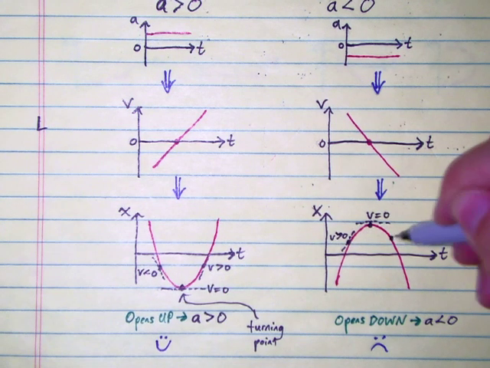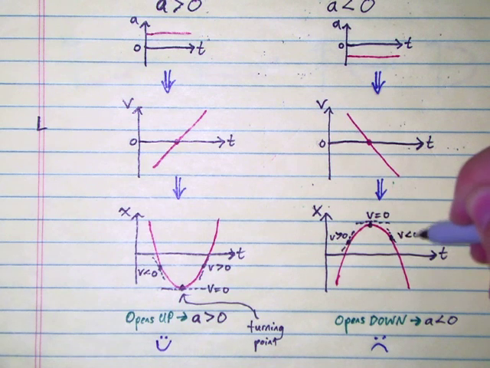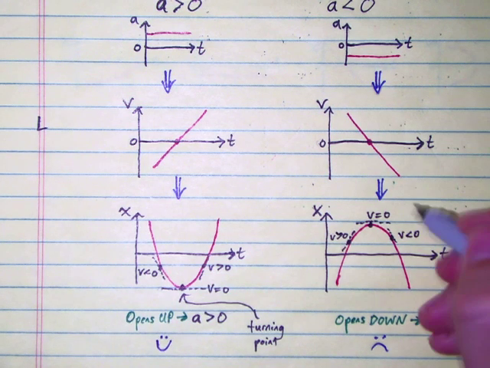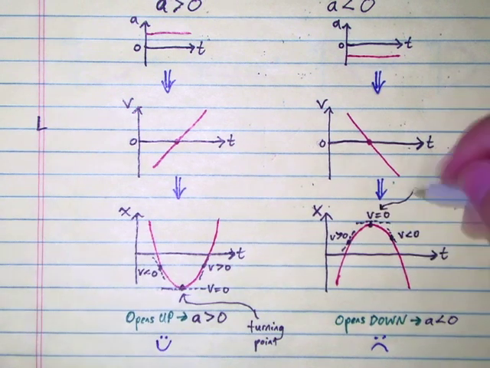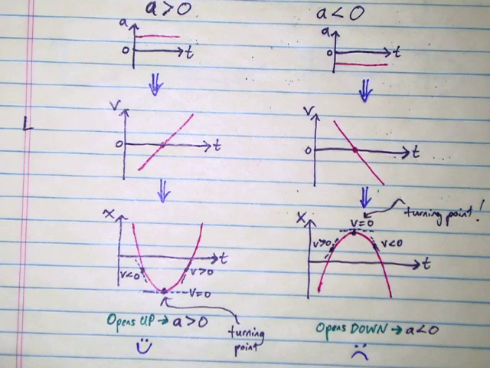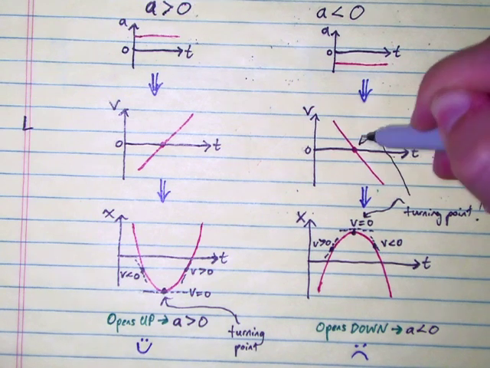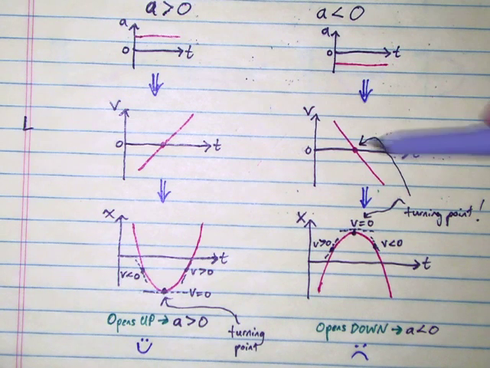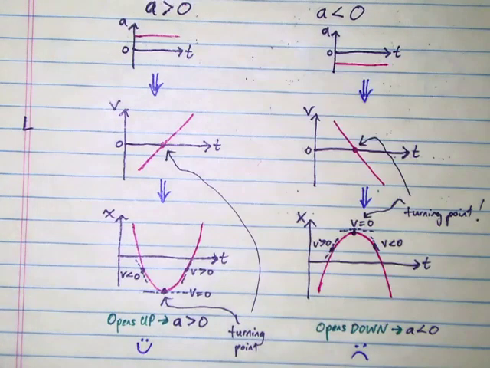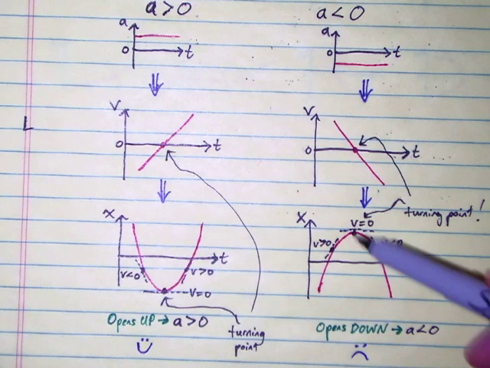On this side, the slope of the tangent line is negative because our velocities are negative over here. So this is a turning point once again. Turning point right there. And I should probably indicate that right there also is our turning point. Where our velocity graph crosses 0, it's going to correspond to a turning point. These points correspond to each other.